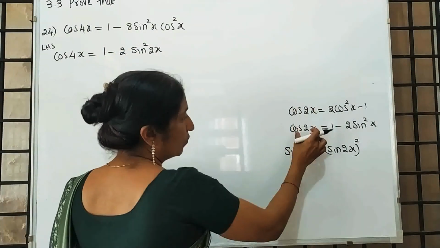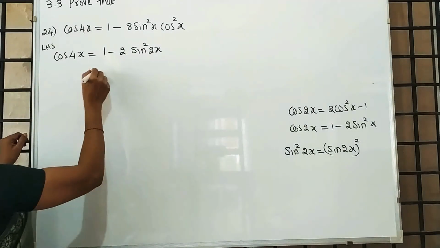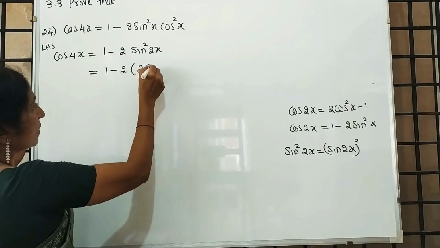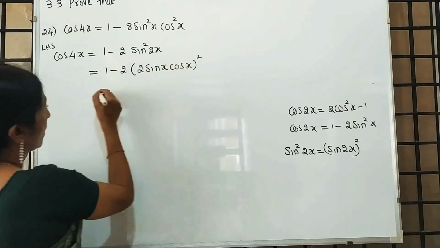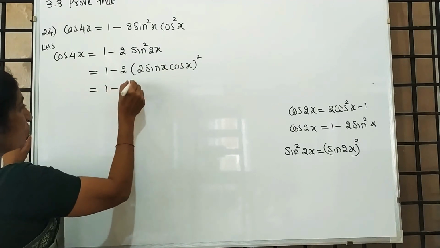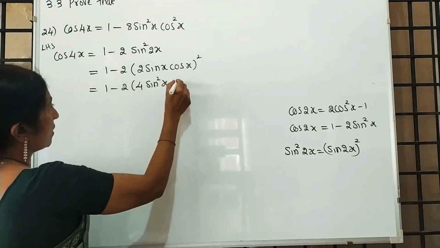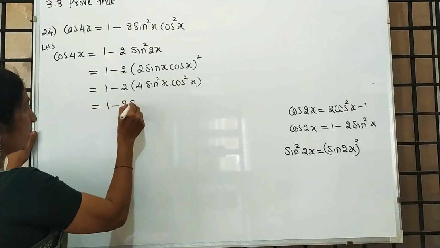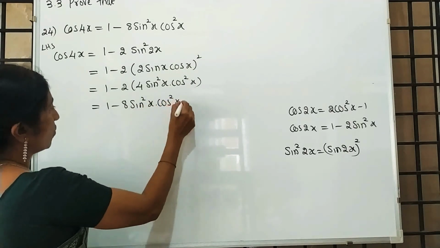Out of these two formulas, in the second one the starting number is 1. Now 1 minus, sin 2x is 2 sin x into cos x whole square. It is 1 minus 2 in the bracket 4 sin square x into cos square x. So it is 1 minus 8 sin square x into cos square x.